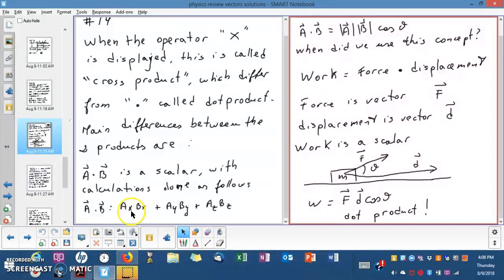But like we saw before, you could have the components with which to calculate those two magnitudes, and you're asked to calculate the cosine or the angle instead. In that case, you will put this value equal to this value because both of them are equal to A dot B, and you will solve for the cosine or whatever else you are asked to evaluate. When did we use this kind of stuff? Well, for sure, when we talked about work, because you have force dot displacement.